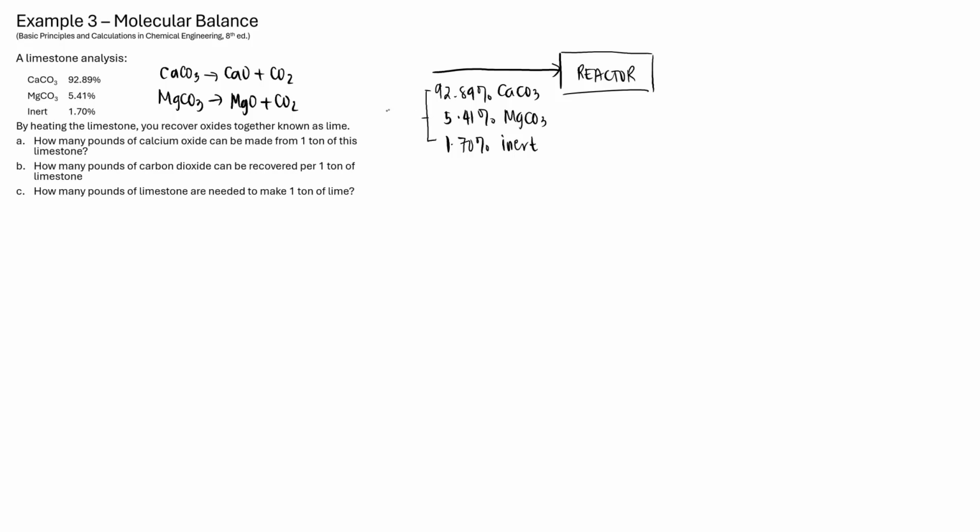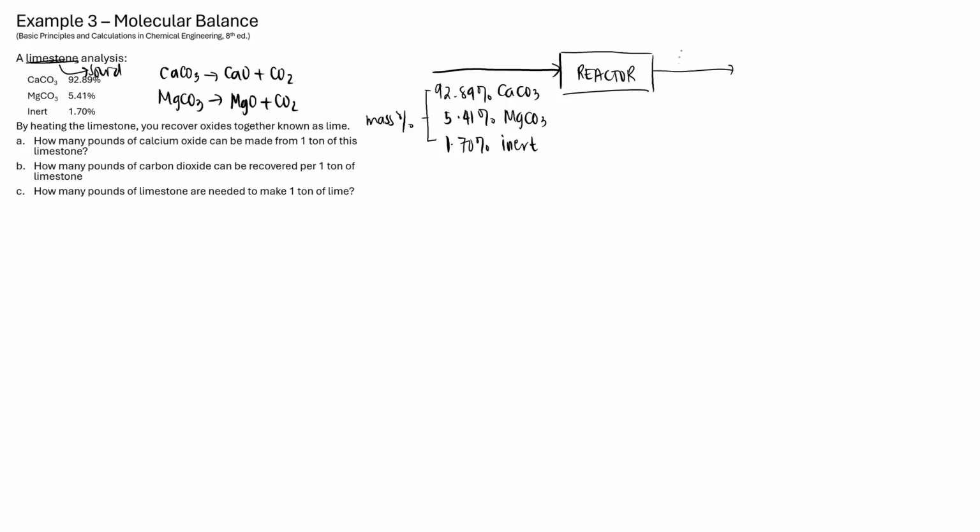These are in mass percent. Why? Because limestone is solid, and for solids, it's convenient for them to be reported in mass percent compared to mole percent. Okay, so these are in mass percent.